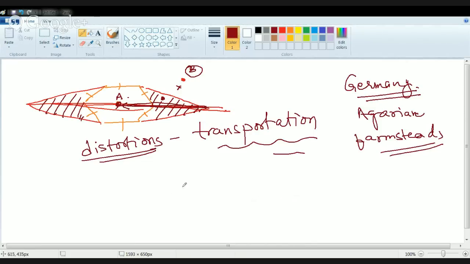He also gave a concept that the model growing on the market principle will grow just on the market hierarchy. That is, the importance of the market would be much higher in those regions as compared to other areas. And finally, for the transport network, the market would grow based on transportation.